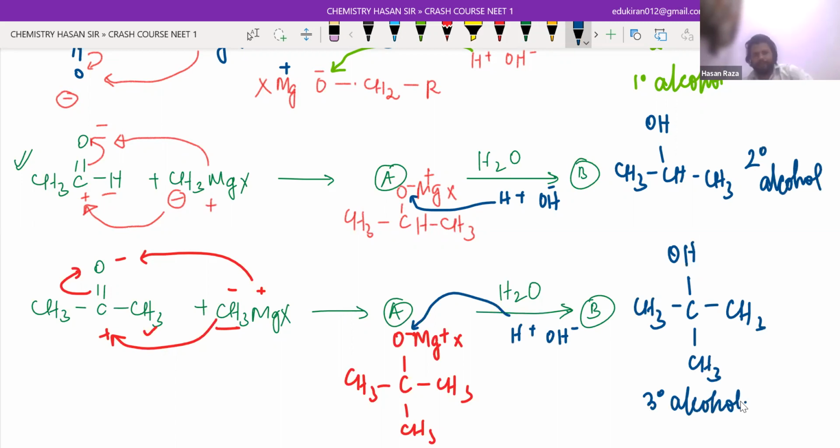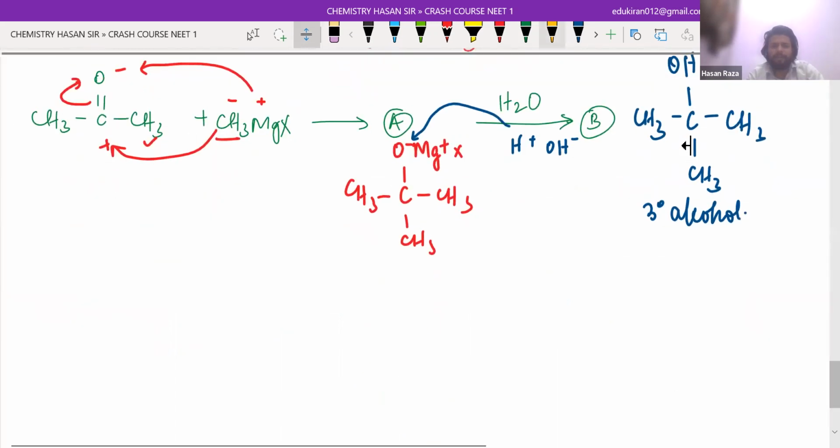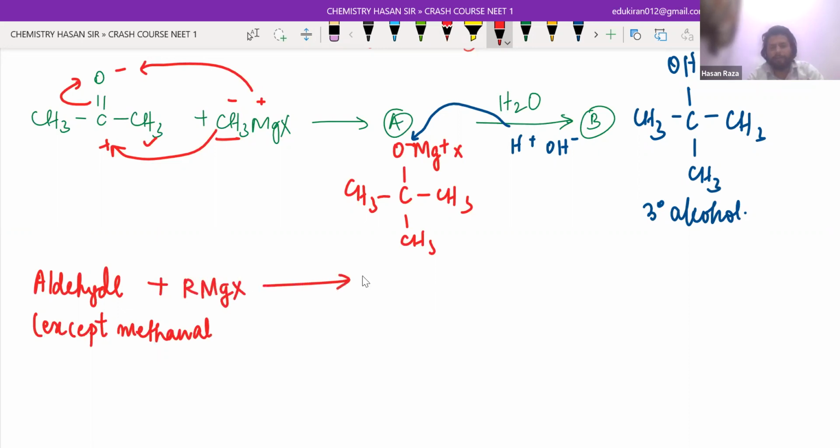When an aldehyde, except methanol, reacts with Grignard, you will always get a 2 degree alcohol.